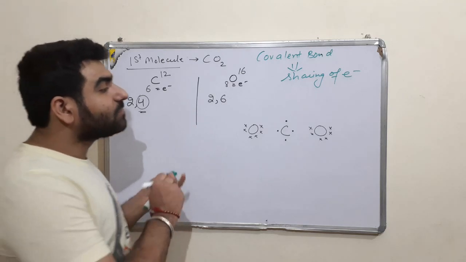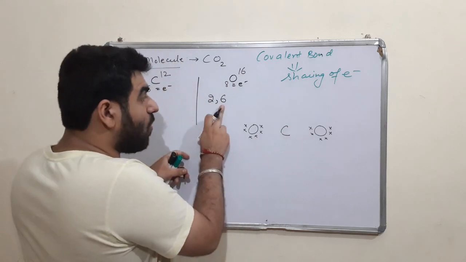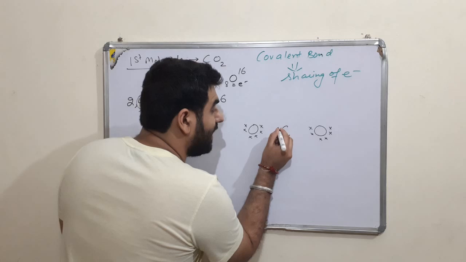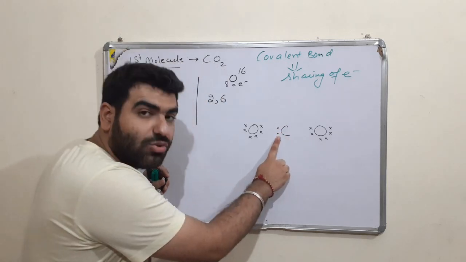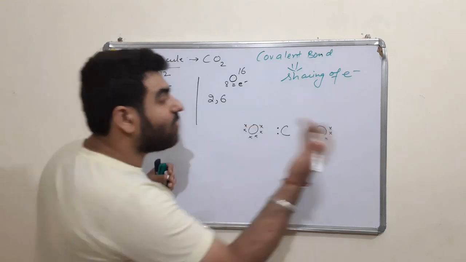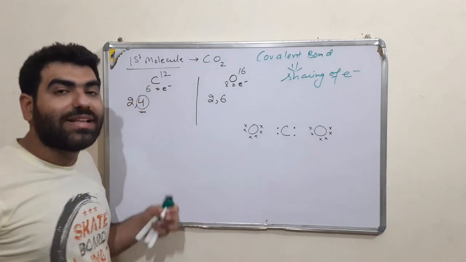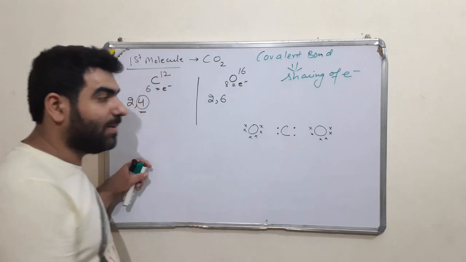So this oxygen requires 2 electrons from carbon, and it will be like this. Carbon will be ready to share its 2 electrons with the 2 electrons of oxygen. The same scenario holds for the other oxygen: these 2 electrons will be shared with these 2 electrons of oxygen. See, the valency of carbon is complete, 4.